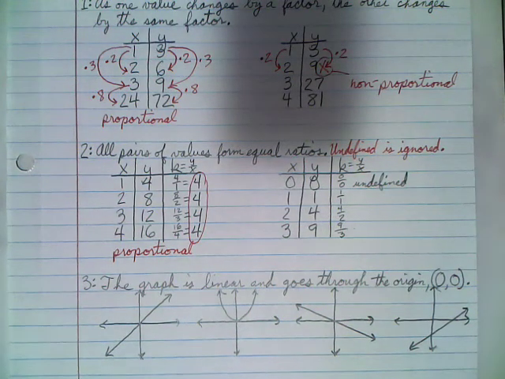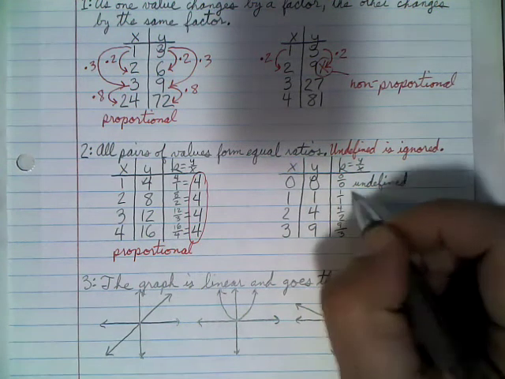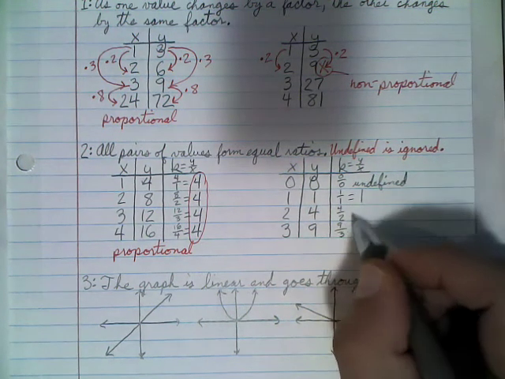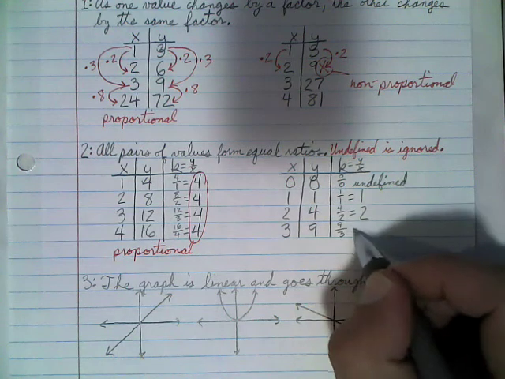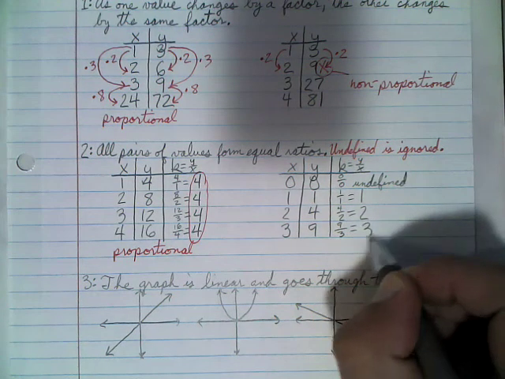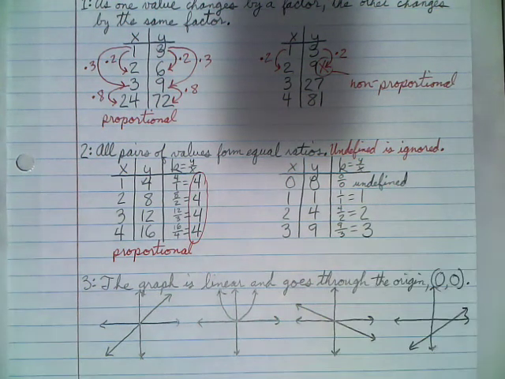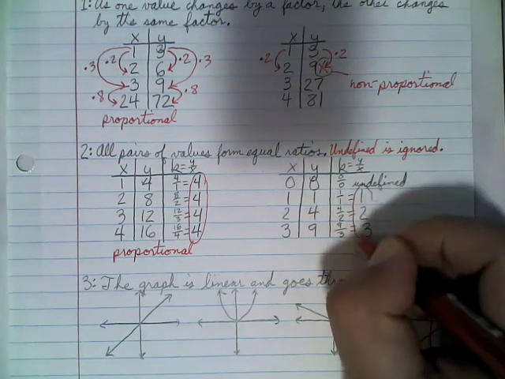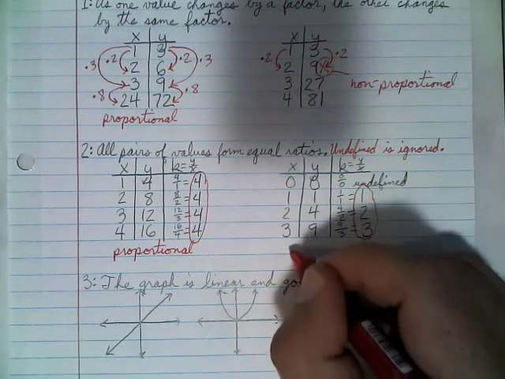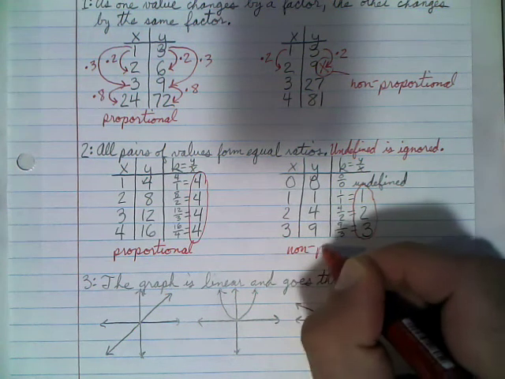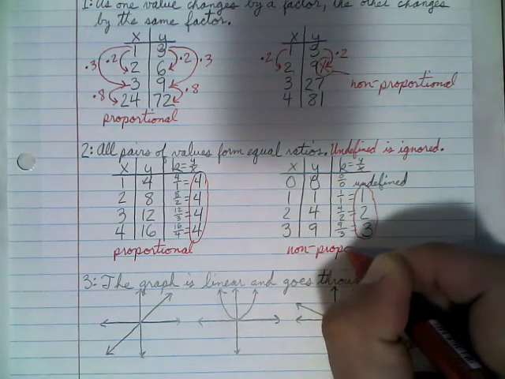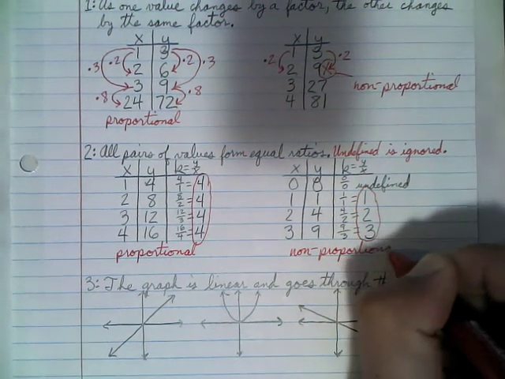Do the rest of them have equal ratios? So 1 over 1 is 1, 4 over 2 is 2, and 9 over 3 is 3. And because these are not the same, this would be a non-proportional relationship.